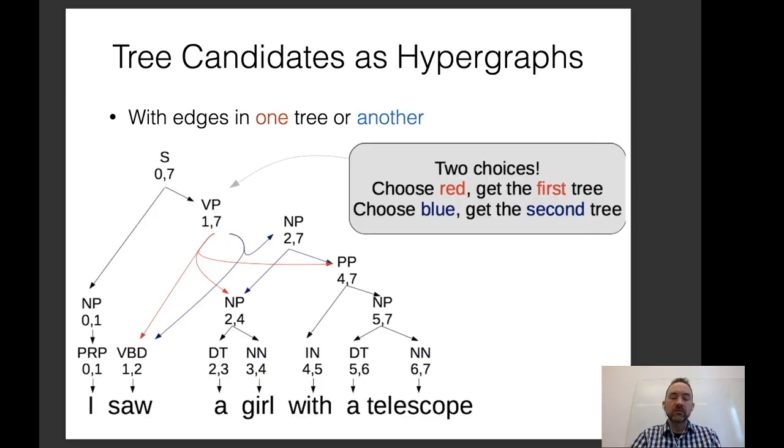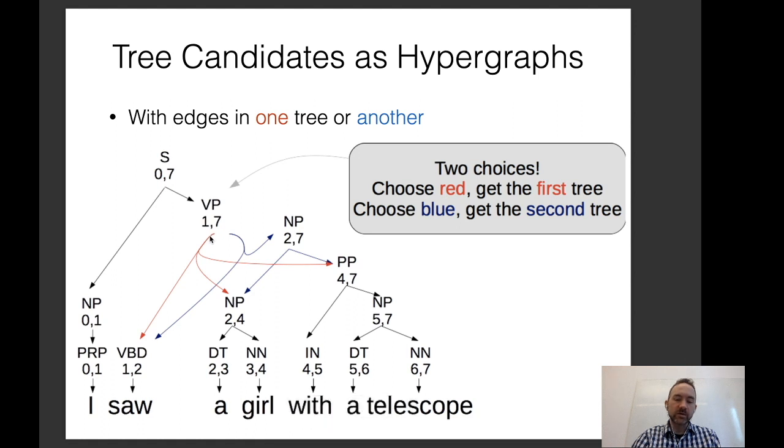So one way we can formulate the problem of parsing is to form it as a version of hypergraph search. If we think about the ambiguous phrase, I saw a girl with a telescope, we have a couple ways we could parse this.